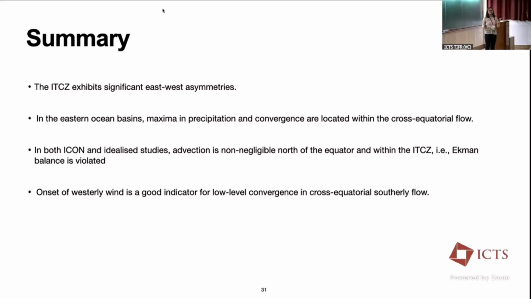In the Eastern Ocean basins, there's a maximum typically located in the cross-equatorial flow. Idealized studies and ICON simulations have shown that within this cross-equatorial flow, advection is not negligible and Ekman balance is violated. And we also saw that the onset of westerly winds is a good indicator for low-level convergence.